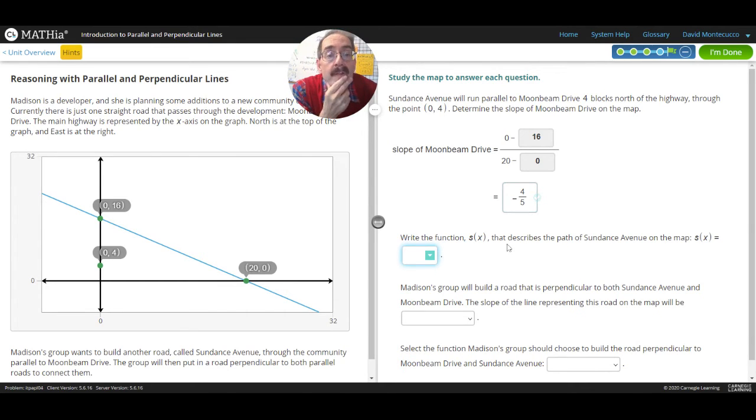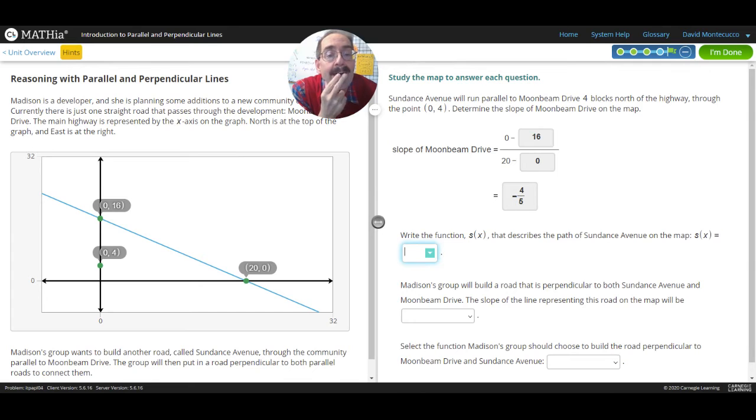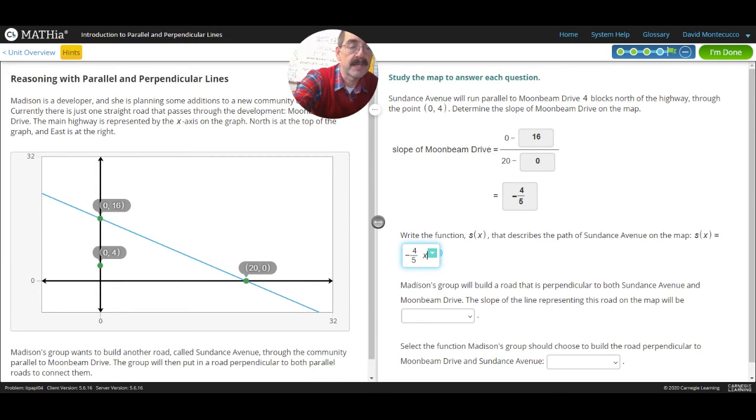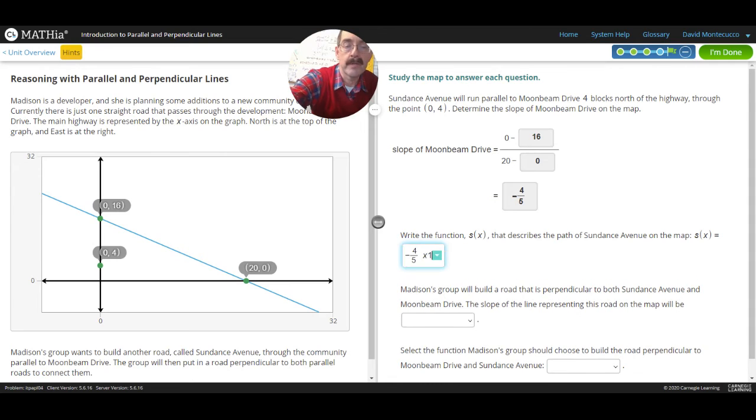That's cool. Write a function that describes the path. So we need a slope, negative 4 over 5 x, coming down. So we're going to need that plus the y-intercept.